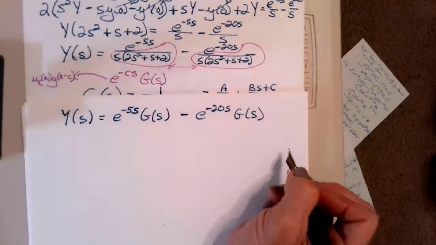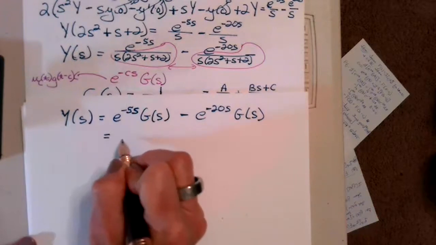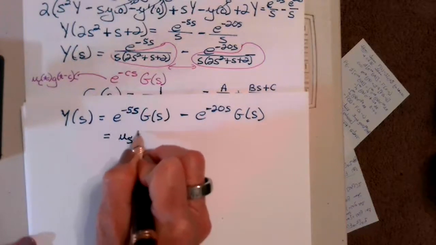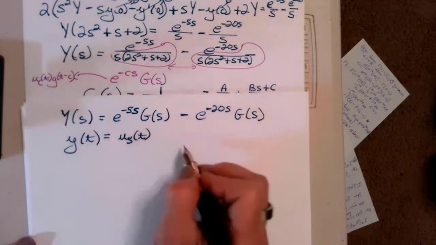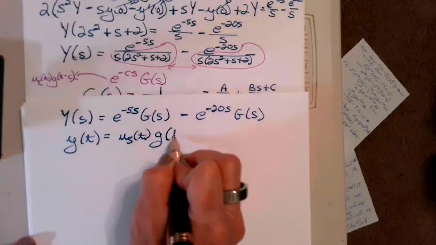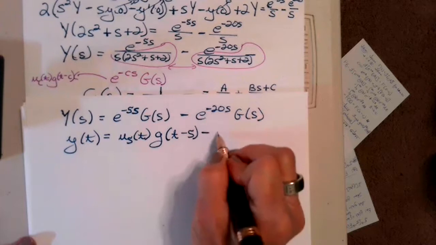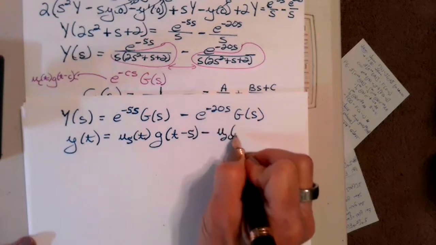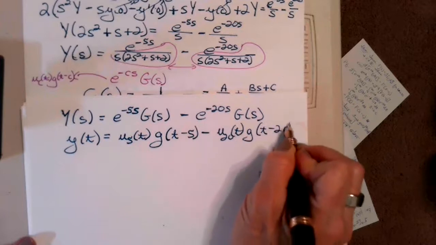So again, using, I believe that was line 13, you will get that this is u sub 5 of t, inverting this Laplace transform to get little y back. It's u sub 5 of t times little g at t minus 5, minus, this one will be u20 of t times little g at t minus 20.